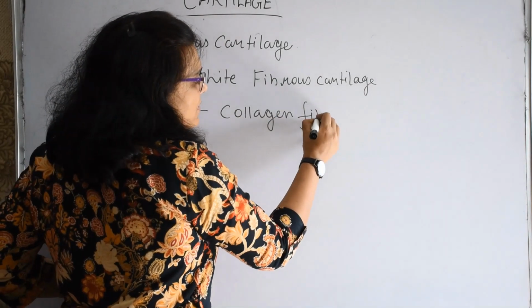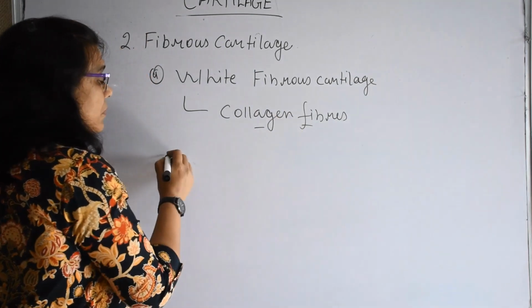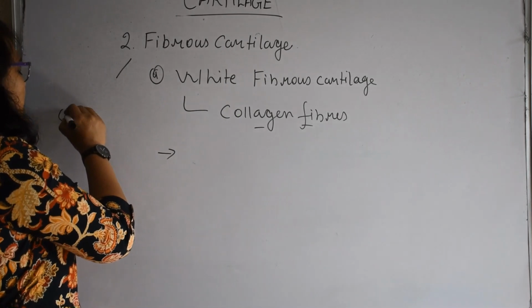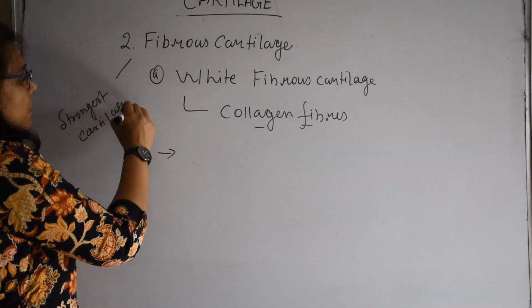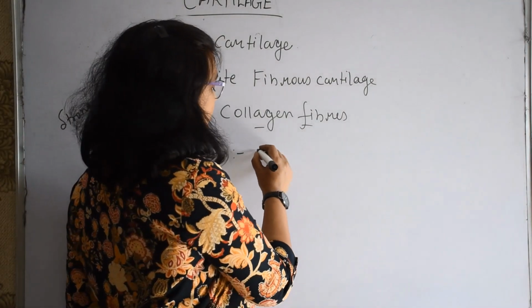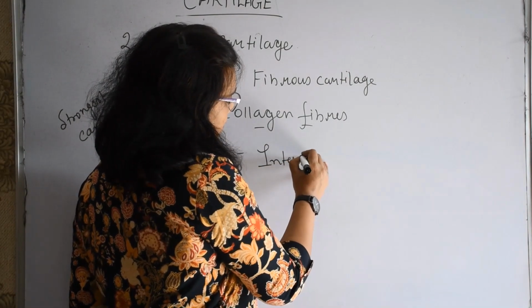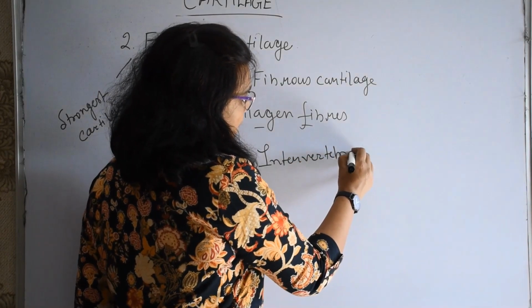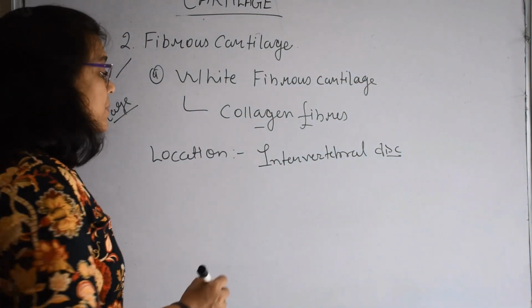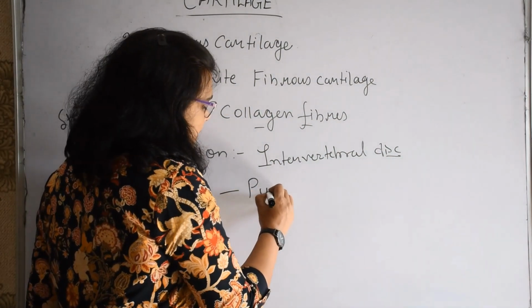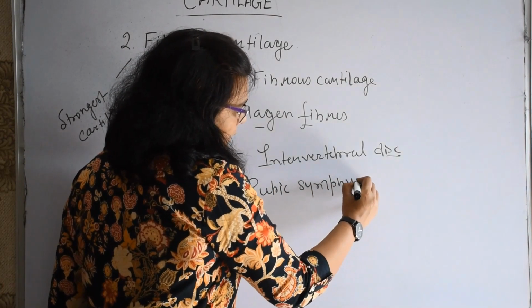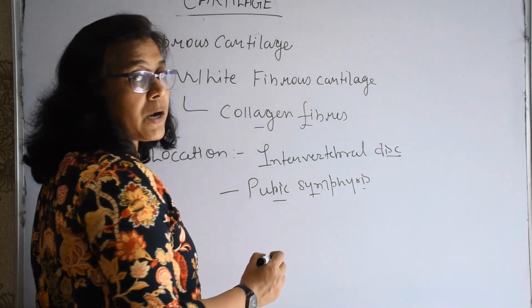So collagen fibers are present in the matrix, and this is the strongest cartilage. And where is the location? It is present in the intervertebral disc. And apart from this, it is present in the pubic symphysis, and it helps during parturition.